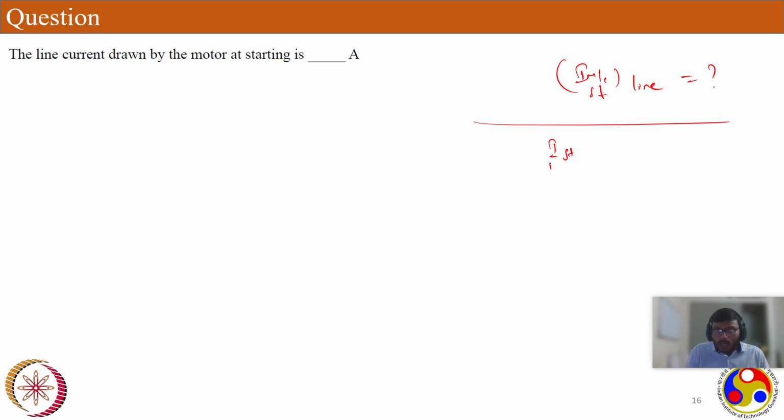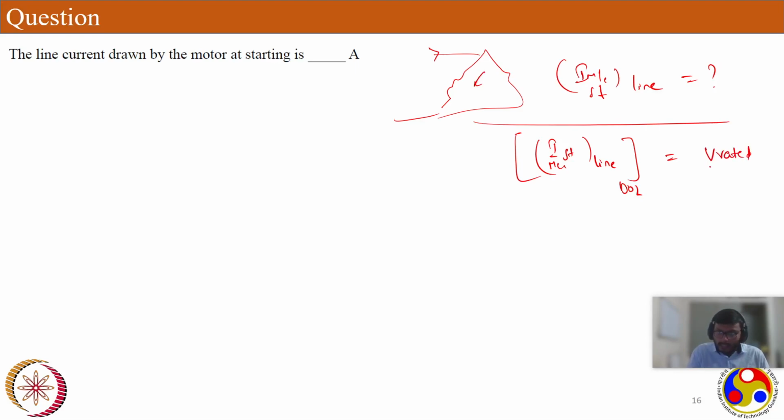So, I machine starting current in case of DOL. If you remember the diagram, this is the delta winding, and there will be the current drawn. It will be nothing but V rated divided by ZSC.